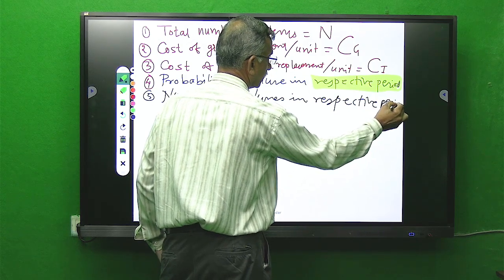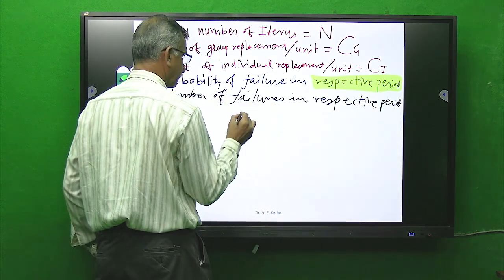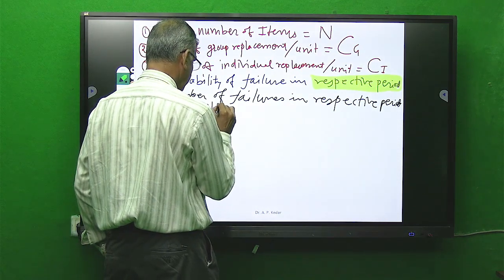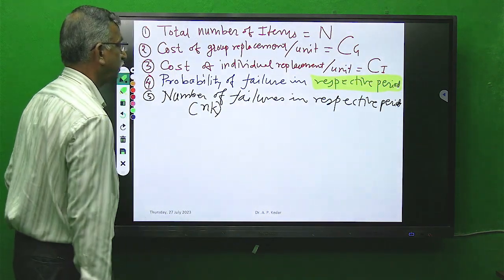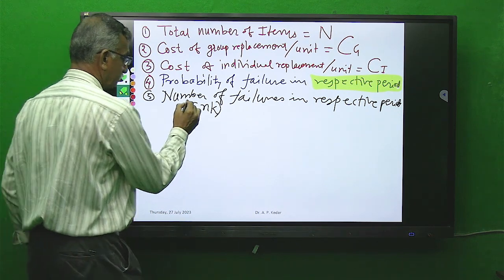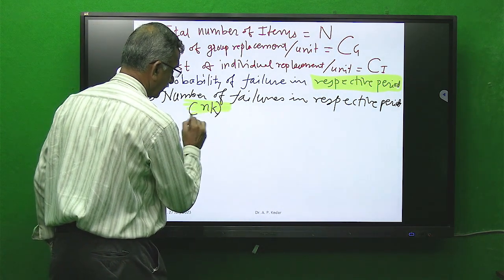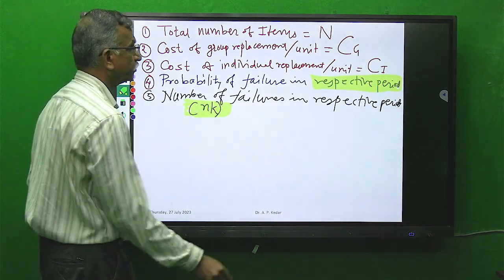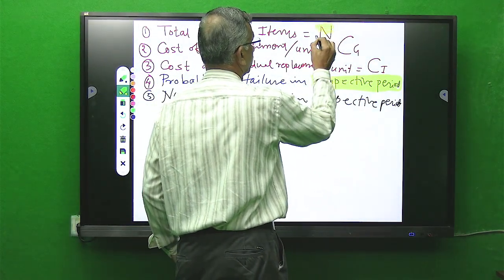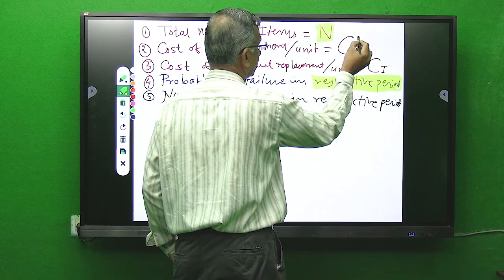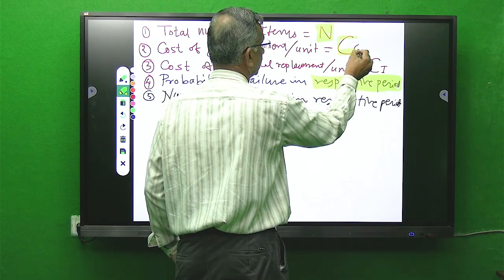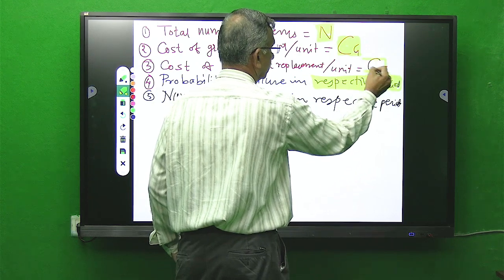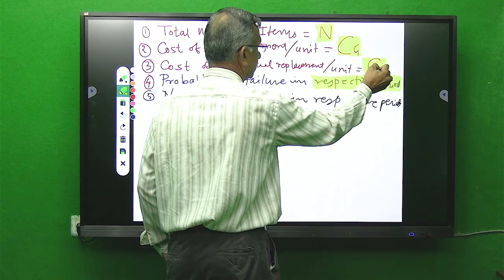We want this data which we have just calculated, and that is nothing but NK data. This we have just calculated, NK, the number of failures. So this is one data, this is other data, CG, this is your third data, CI.